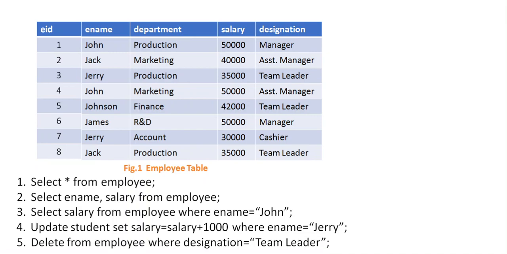If you carefully look at this table, then you will come to know that all the employees have a unique employee ID. It is similar to your roll number or enrollment number. All the students in one class have a unique enrollment number by using which students can be identified.